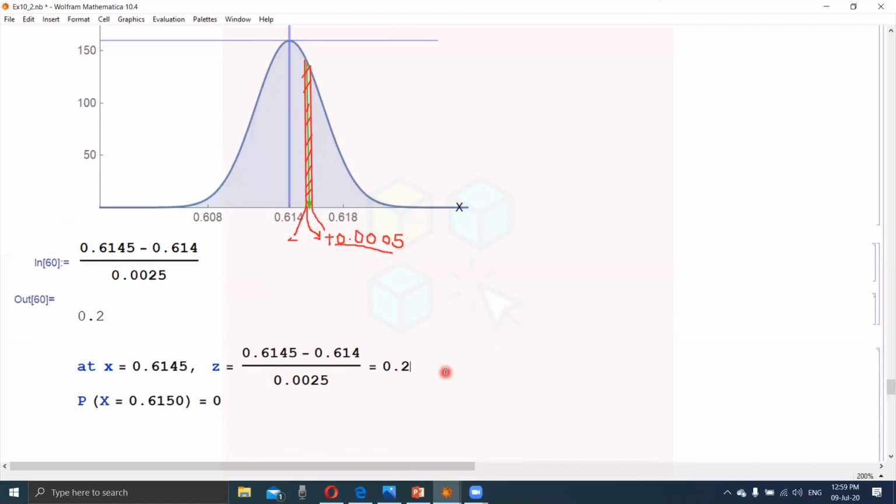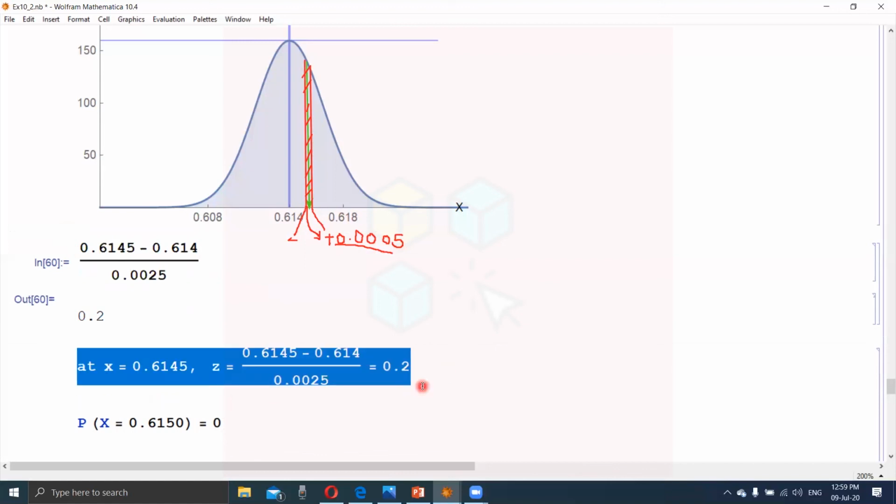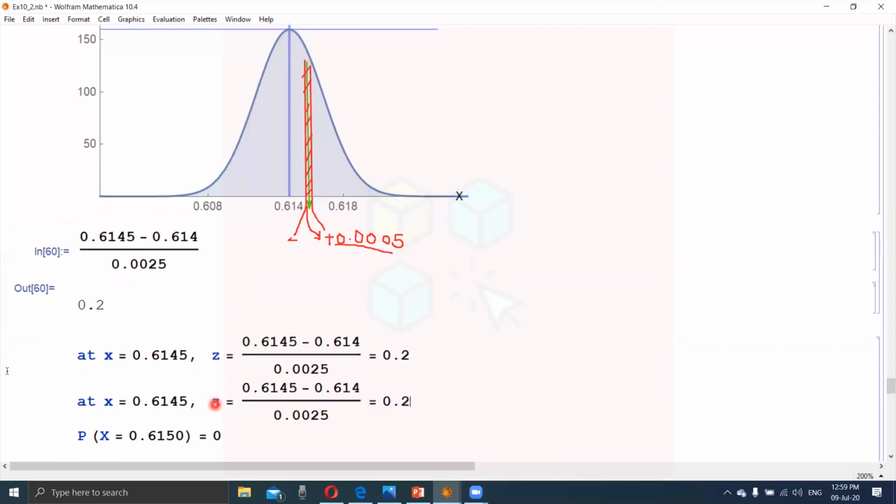Now we will calculate the same thing, the same step for the upper limit. So we will copy it here, and upper limit is by adding 0.615 and 0.0005 continuity correction. So it would be 0.6155.